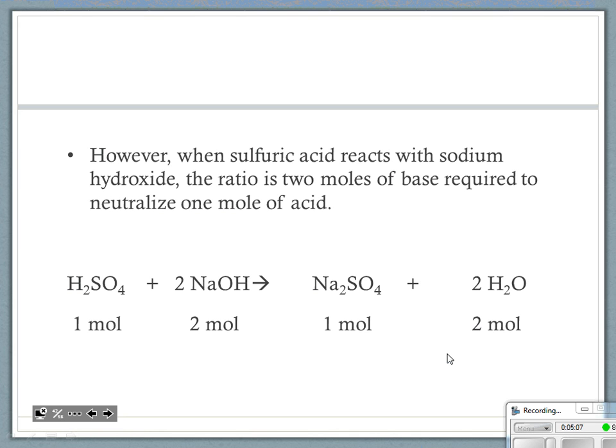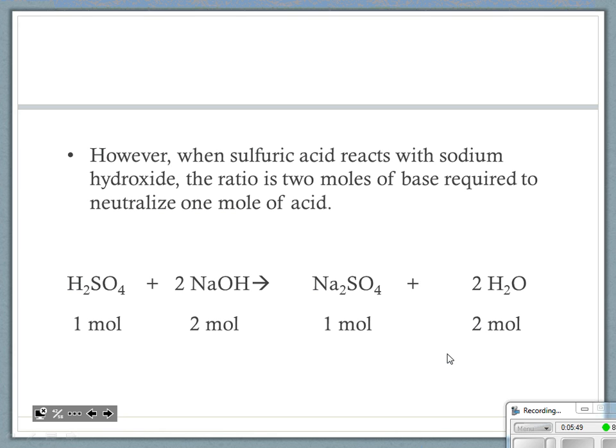So 1 mole of sulfuric acid will react with 2 moles of sodium hydroxide to give 1 mole of sodium sulfate and 2 moles of water. So 2 moles of the base is required to neutralize 1 mole of the acid. How do you know that? You can read it by the coefficients in the balanced chemical equation.